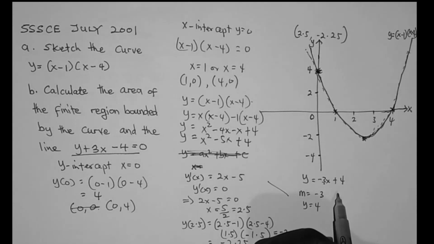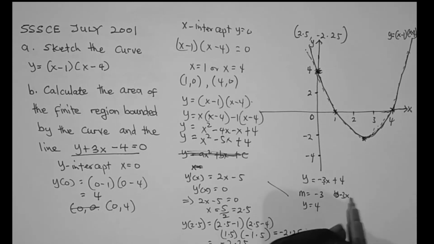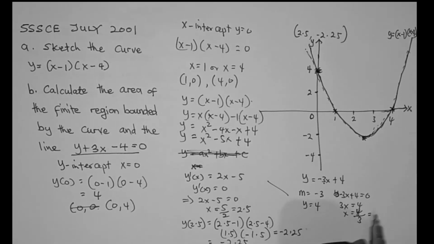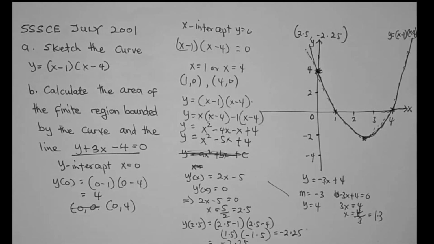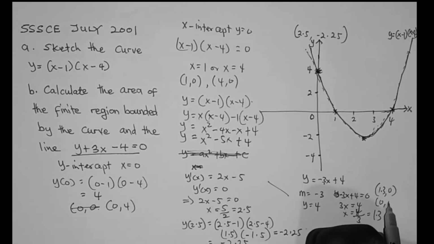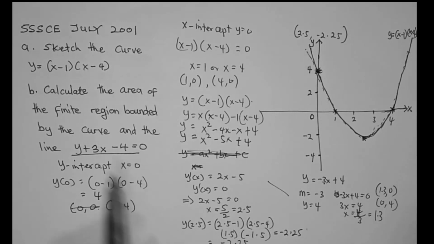So minus 3x plus 4 is equal to 0, so 3x is equal to 4. x is equal to 4 divided by 3, which is about 1.3. So we have this point (1.3, 0) and we also have (0, 4), which makes up this line.